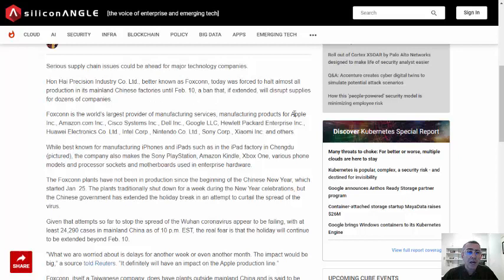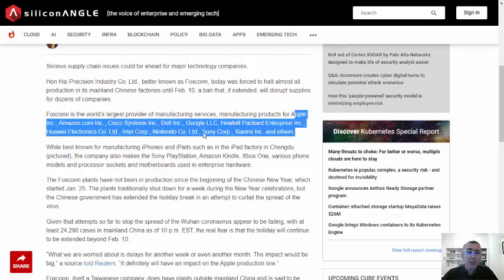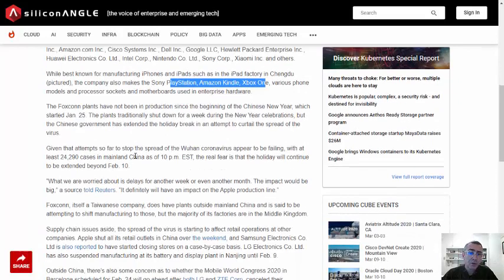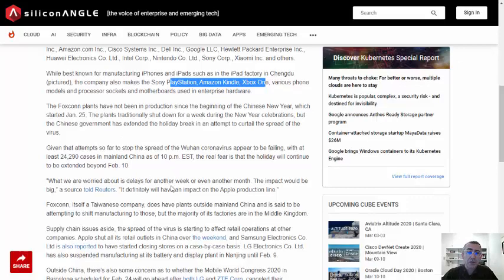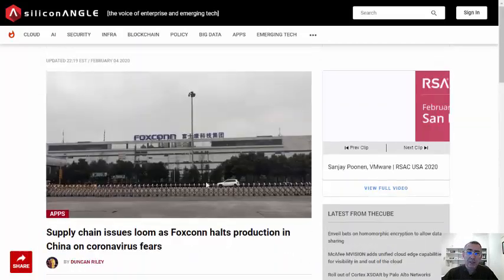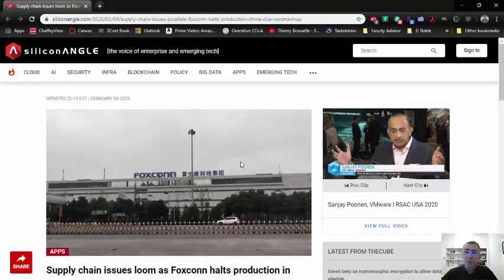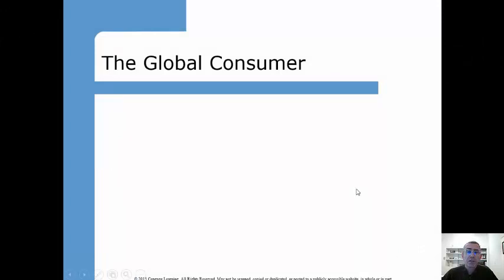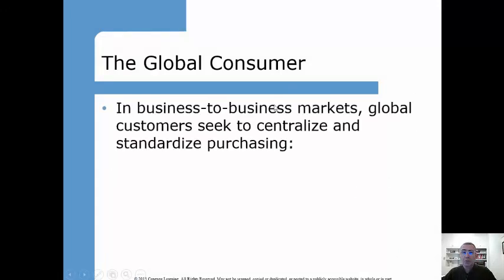So if you look at Apple, Amazon, Cisco, all these guys, and more, by the way, your Xbox, Kindle, PlayStation, iPhones, your Apple laptops, all of this stuff comes from Foxconn. And so there's going to be a ripple effect there in terms of cost, in terms of supply chain distribution, etc. So, the global consumer, continued.